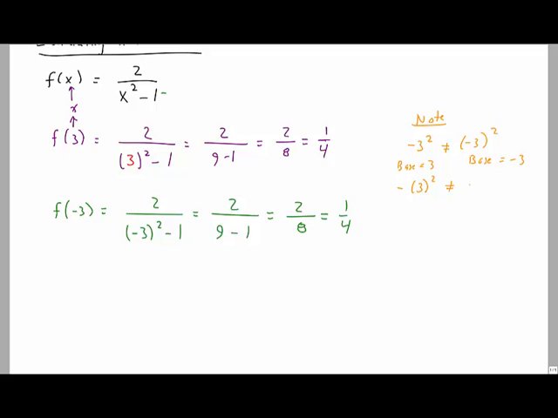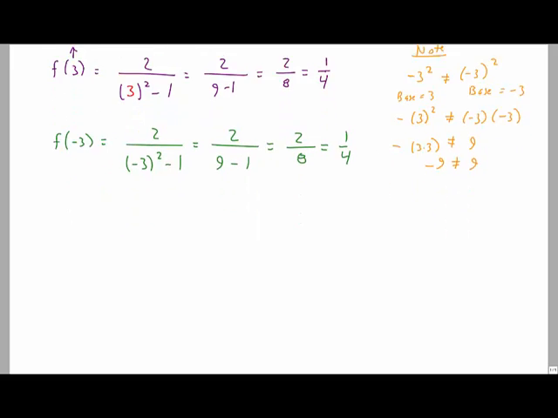Over here, negative 3 quantity squared means negative 3 times negative 3, which is positive 9. On the left, 3 times 3 is 9, so I get negative 9, and of course that does not equal 9. So it's important to note the difference here. That's why I always put parentheses around my base so I evaluate these correctly.